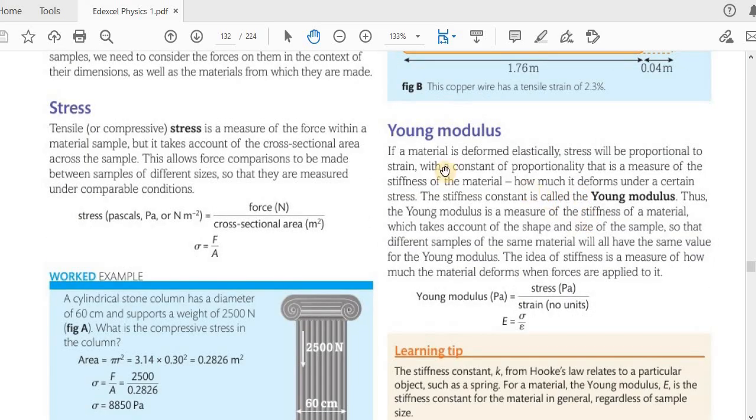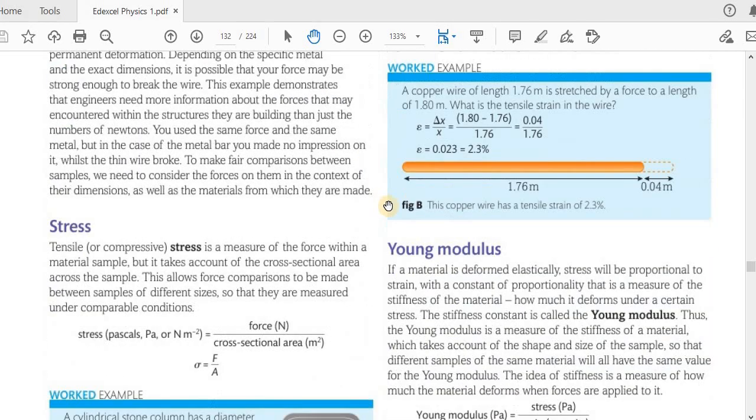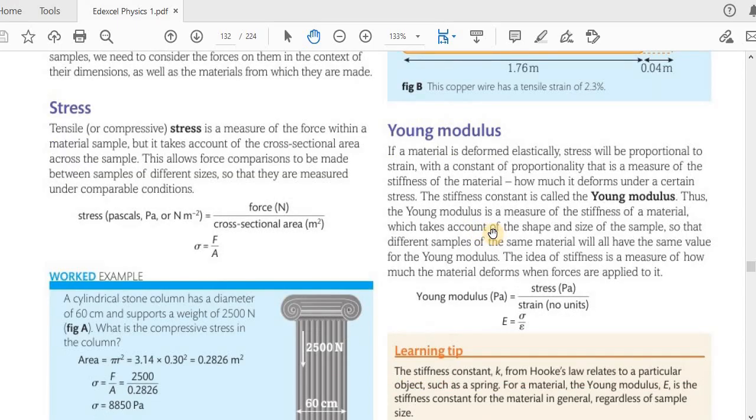And here about Young modulus, if a material is deformed elastically, it will be proportional to the strain. Okay, in chapter 4.2 part 3, we saw the graphs of extension, stress versus strain. So there it is a straight line up to the limit of proportionality.